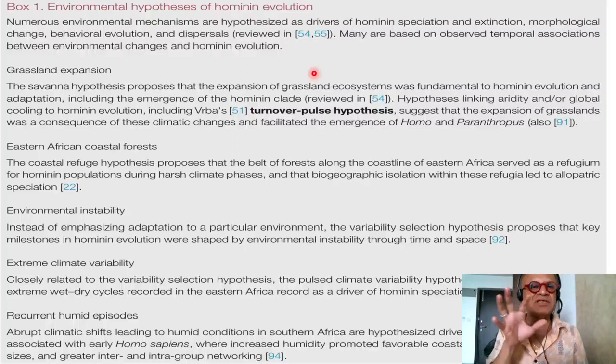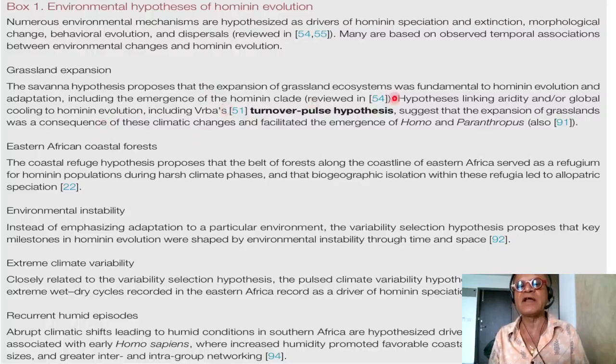We have implicitly already said this many times in terms of evolution of bipedalism, East African aridification, geologic changes, plate tectonics, Australia, New Guinea, and so on and so forth. Grassland expansion, this is one hypothesis. The savanna hypothesis proposes that expansion of grassland ecosystems was fundamental to hominin evolution and adaptation, including the emergence of the hominin clade.